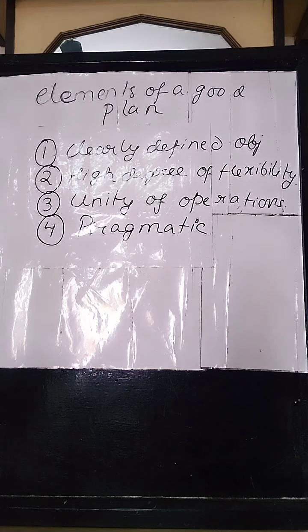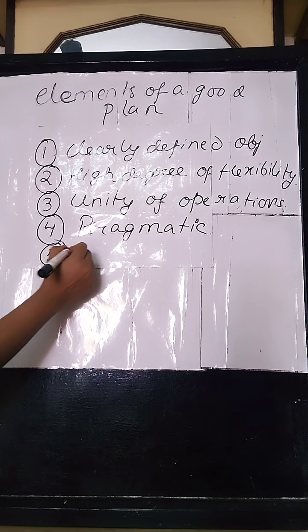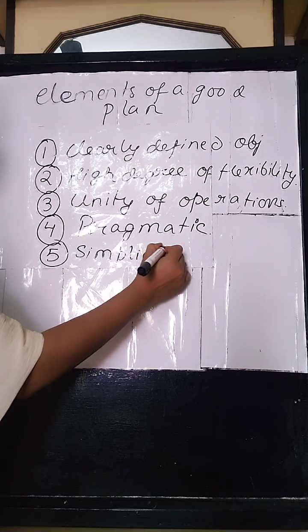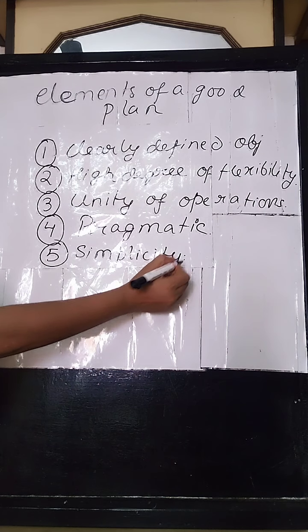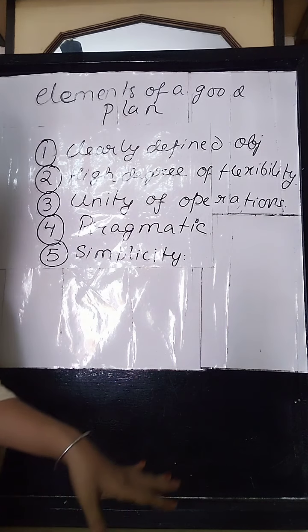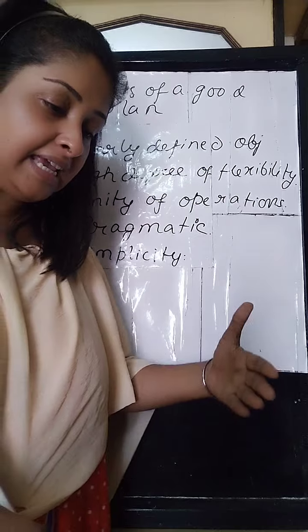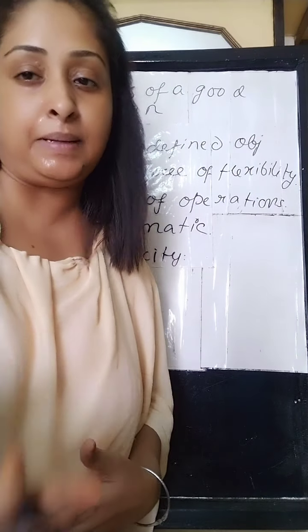Next is simplicity. Point number 5 is simplicity. What is the meaning of simplicity? A plan should be simplified. A sound plan should be simple, balanced, and capable of easy implementation.